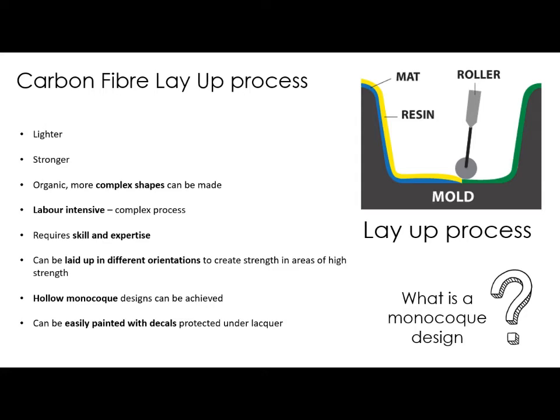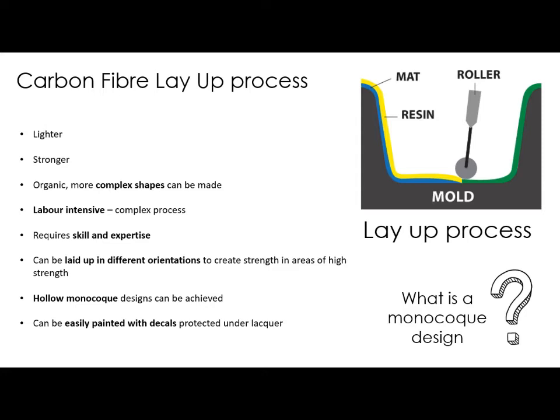Some issues with it: it's quite labour intensive. It can be quite a complex process. If you think about larger products, you'd need a team of people working on it, and it often requires some skill and expertise to make sure that the layers are being joined together properly, and if it goes wrong, that's a huge cost implication because of the cost of carbon fibre.